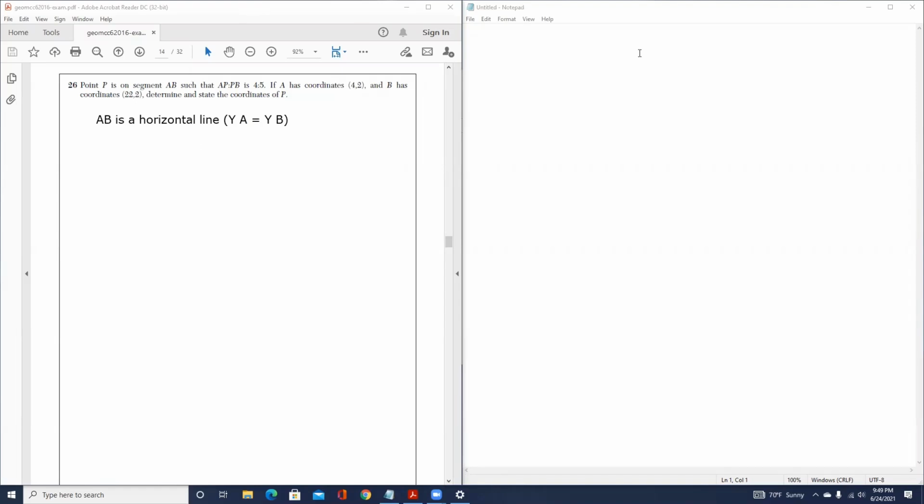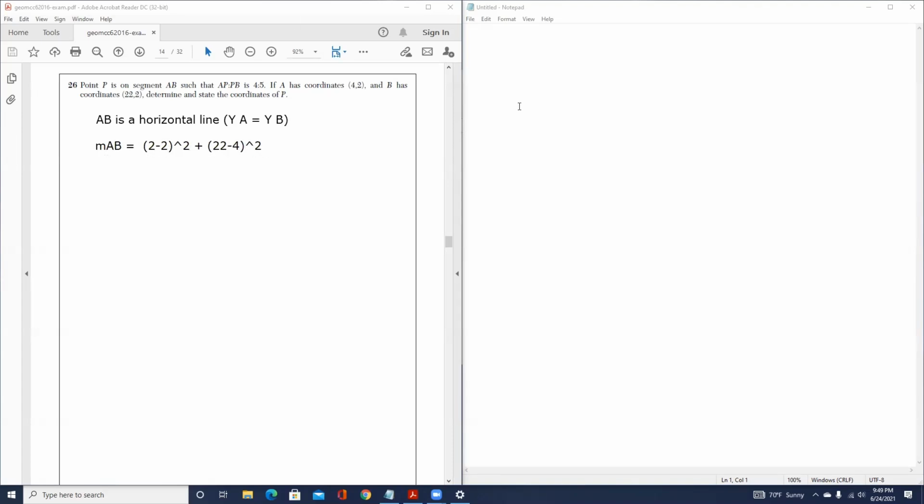So using our distance formula from below, we get the measure of AB equals 2 minus 2 squared plus 22 minus 4 squared.